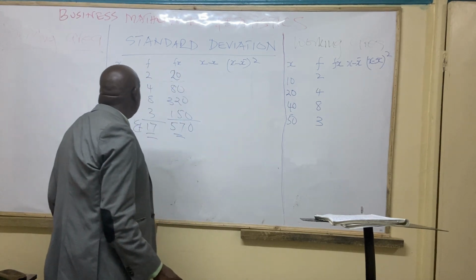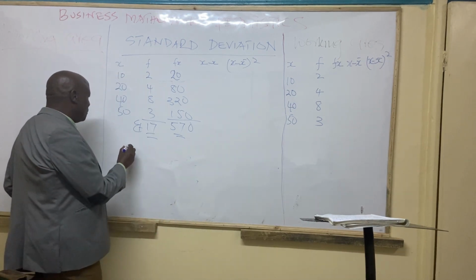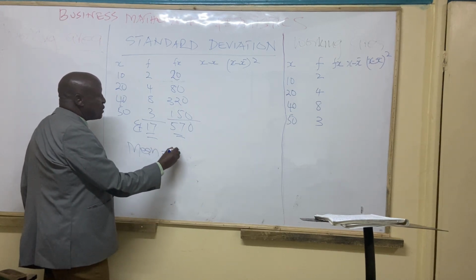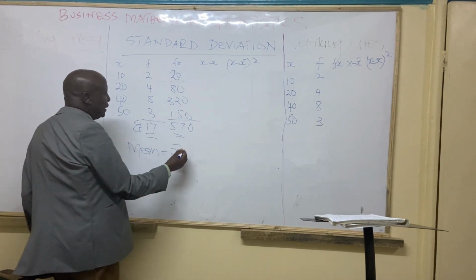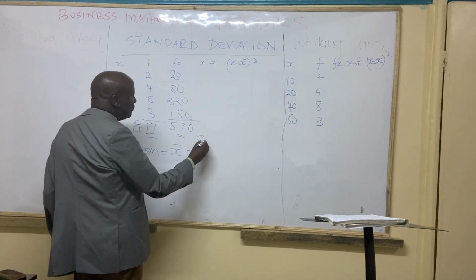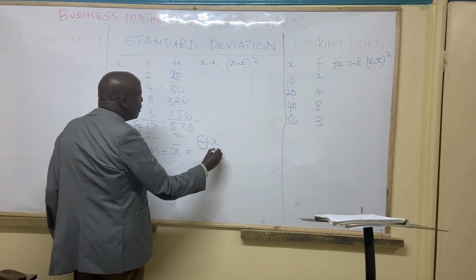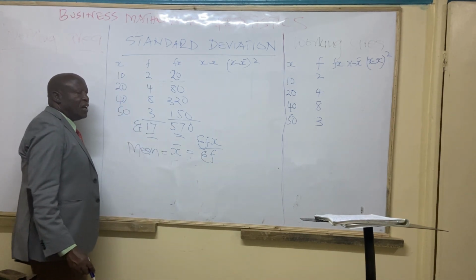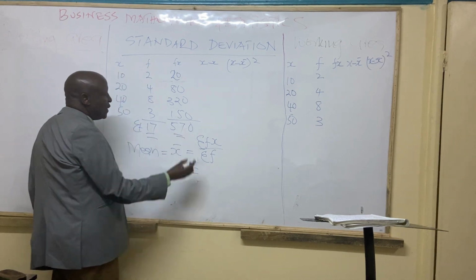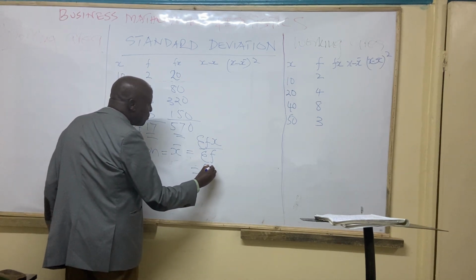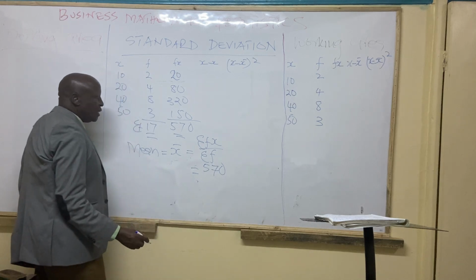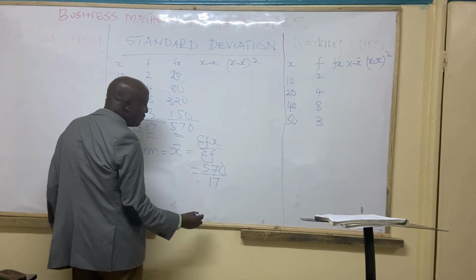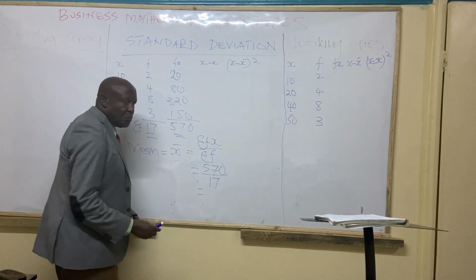So now, to get the mean, which is the same as x bar, it is fx over frequency. Then fx is 570. We divide by 17. Then what do we get?